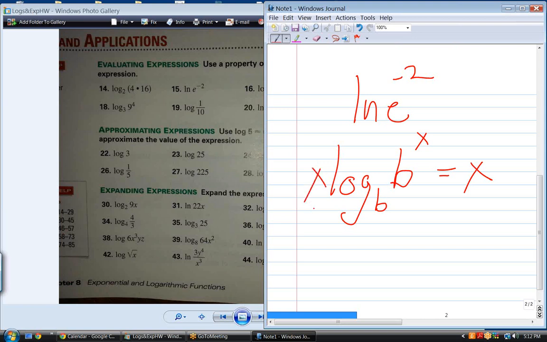And since the rest of it's going to be equal to 1, it's just equal to whatever the exponent is. If I had x plus 1, it'd be equal to x plus 1. Okay? So what you look for is to see whether the base, which in this case is e, are these the same? And if they are the same, the answer is just that.